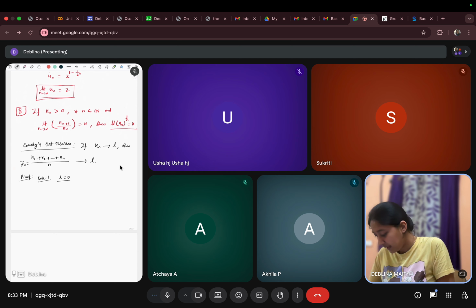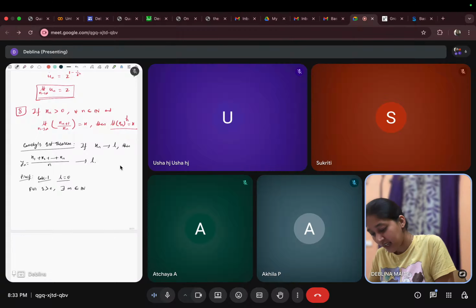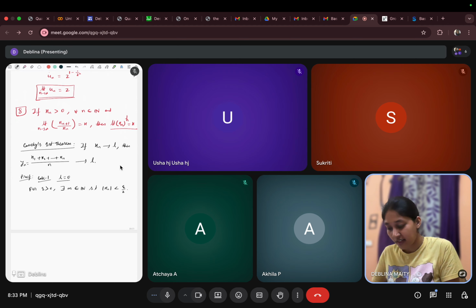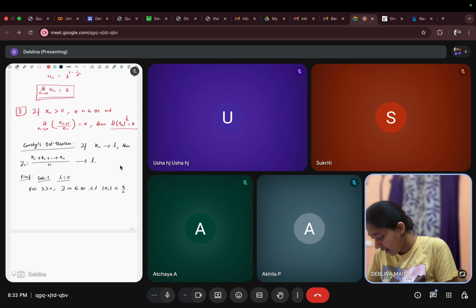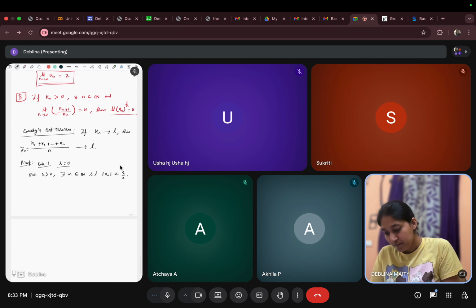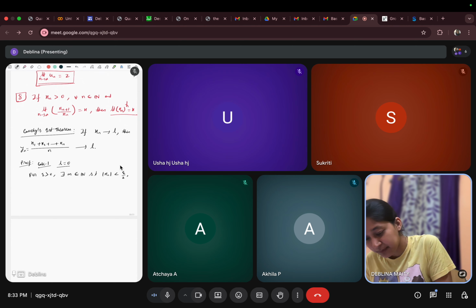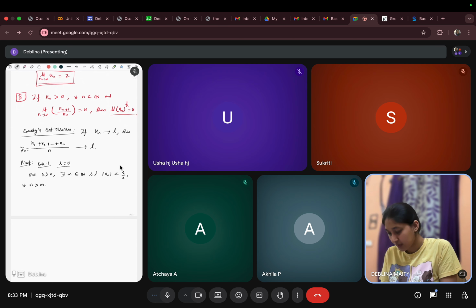If L is 0, for xn converging to L, this means for given epsilon greater than 0, there exists some m belonging to the natural numbers such that mod xn is less than epsilon by 2 for all n greater than or equal to m, right?